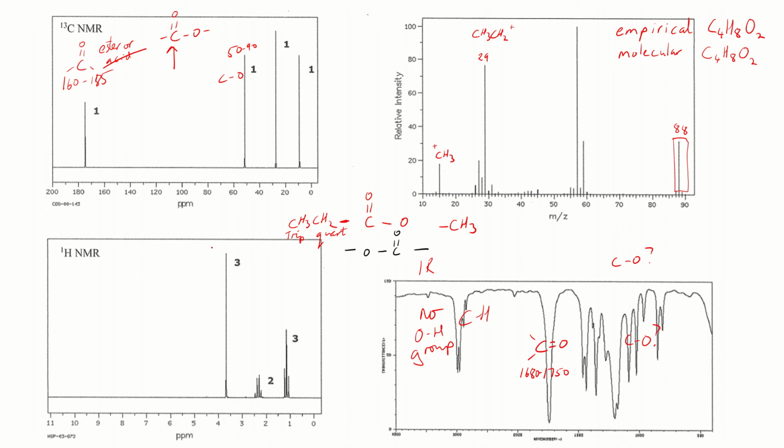If we look at our data table, you will have that listed as the 3.7 to 4.1 chemical shift range. This singlet, the CH3, matches that shift range. So it means it's directly connected to the oxygen rather than the C double bond O.